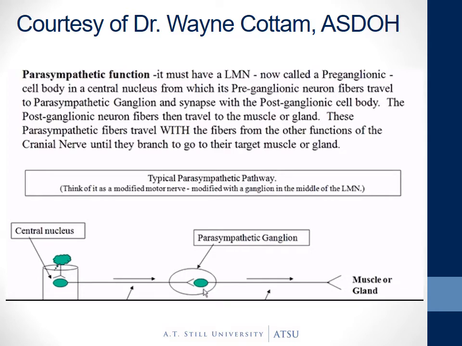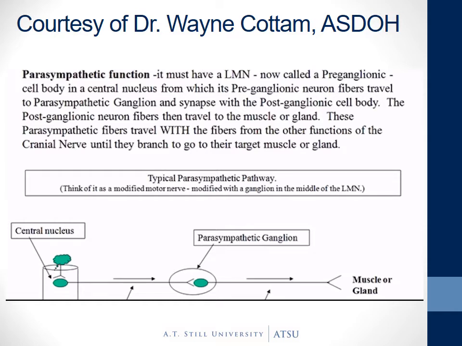The postganglionic neuron fibers then travel to the muscle or gland. It's important to remember that these parasympathetic fibers travel with the fibers from other functions of the cranial nerve until they branch to go to their target muscle or gland.